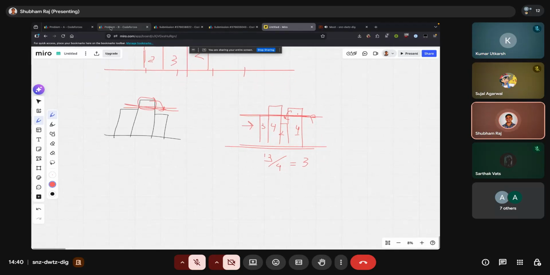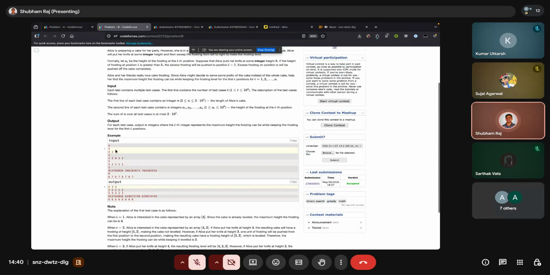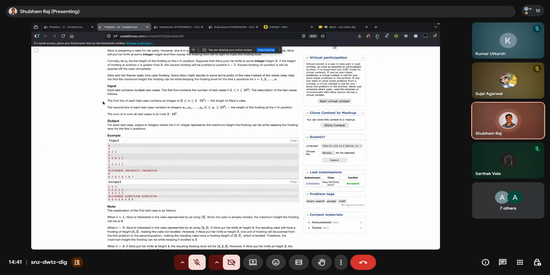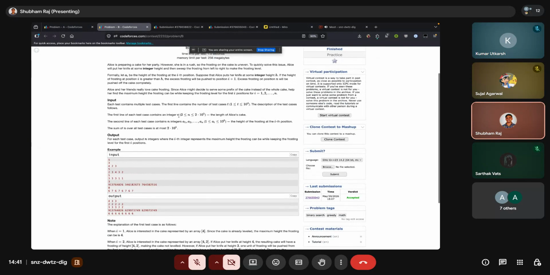So if I take a test case, suppose I'm taking the first test case, that is 4, 2, 3. Now, what is the problem asking? First, let's discuss that.